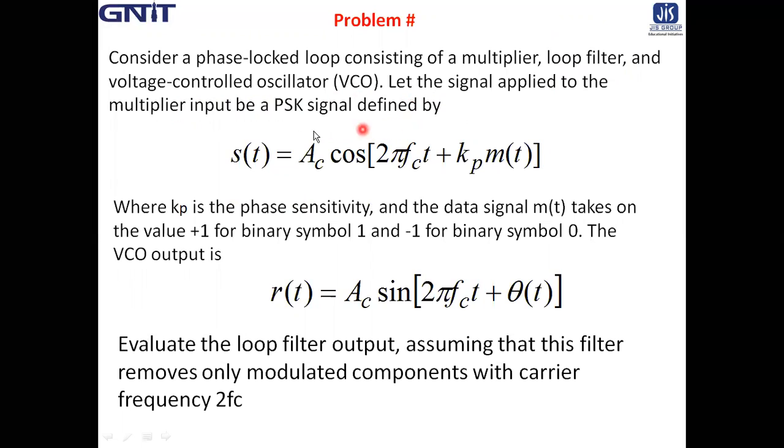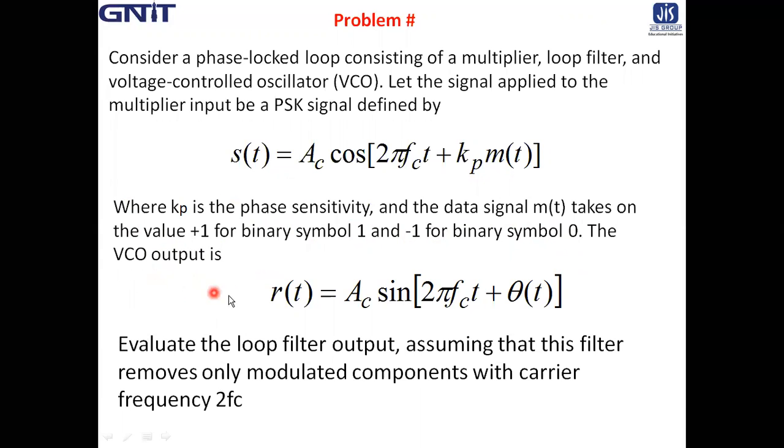Let the signal applied to the multiplier input be a PSK signal, which is ST equal to AC cos of 2 pi FCT plus KP into MT, where KP is the phase sensitivity and the data signal MT takes on the value +1 for binary symbol 1 and -1 for binary symbol 0.